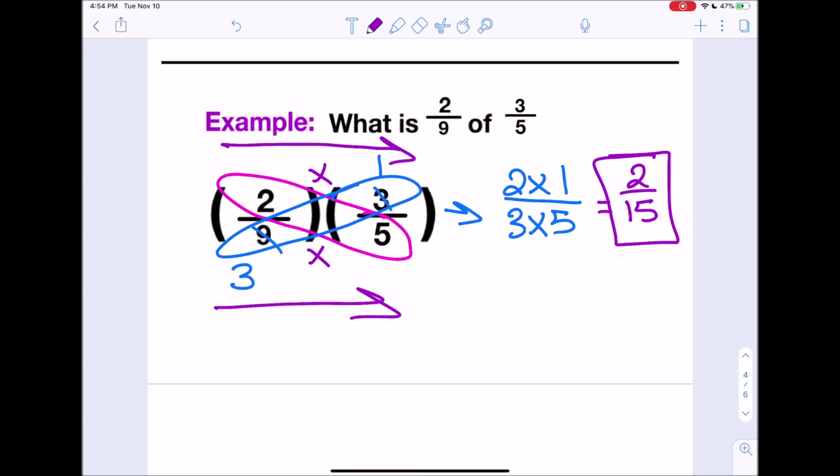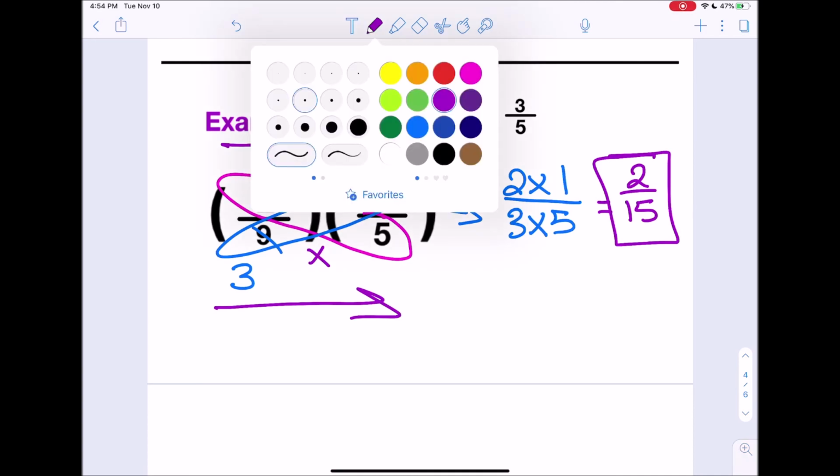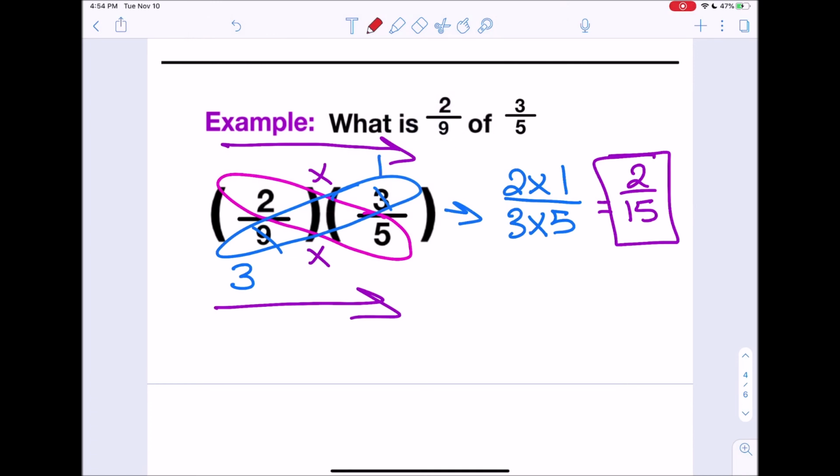Once again, if you hadn't cross simplified, you would have still gotten the same thing. So just to show you, if I would have just multiplied straight across, 2 times 3 is 6, 9 times 5 is 45. Then I would have to know that 3 goes into both 6 and 45, and I would end up with 2 out of 15 again.